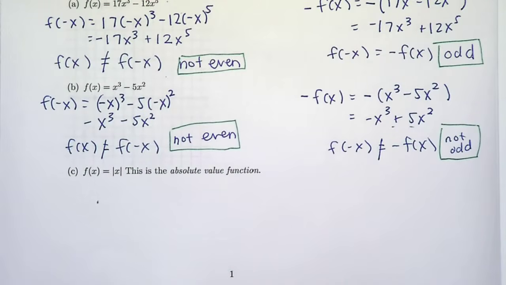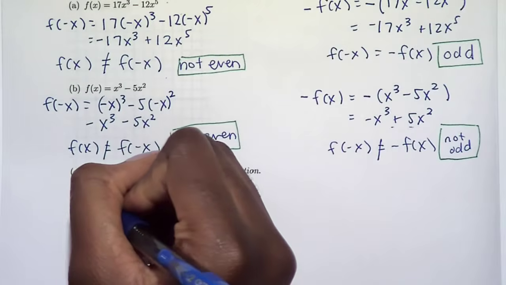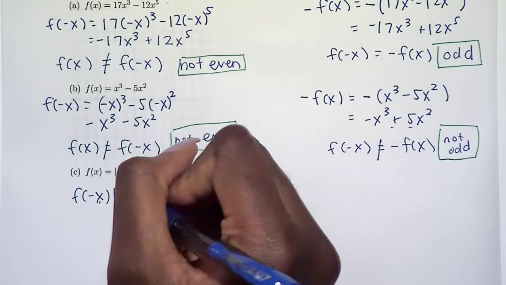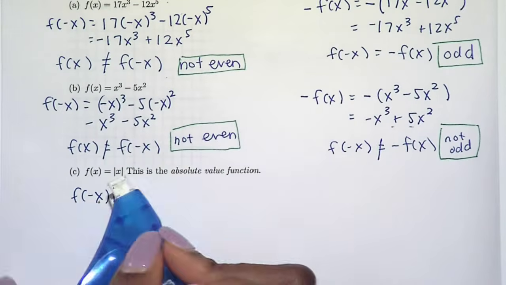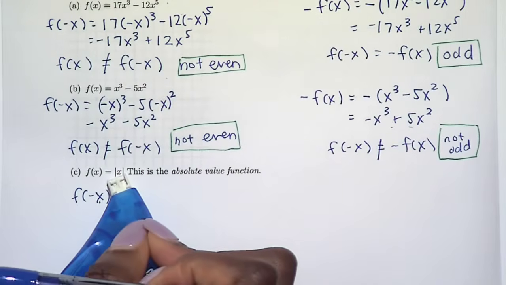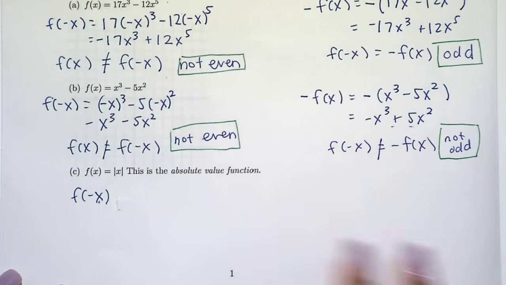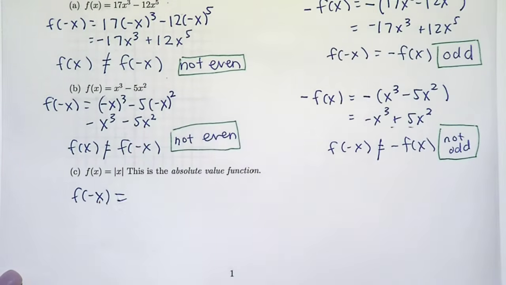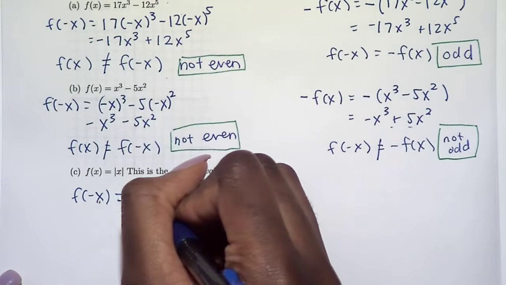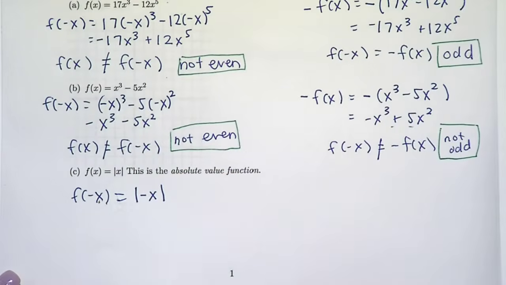All right, finally, part C, which is the absolute value function. It takes whatever's on the inside, x could be negative or positive, and it makes it positive. So we check f of negative x. We just put in negative x instead of x.